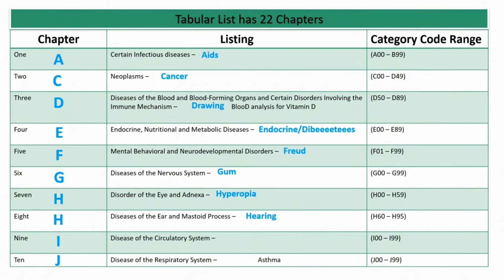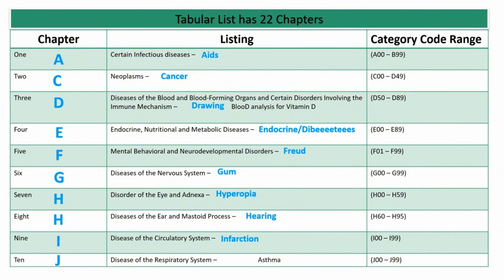Yes. Chapter 9, diseases of the circulatory system begins with the letter I. I00 through I99. When you think of circulatory system, think infarction. All right, I is for infarction and also the circulatory system.